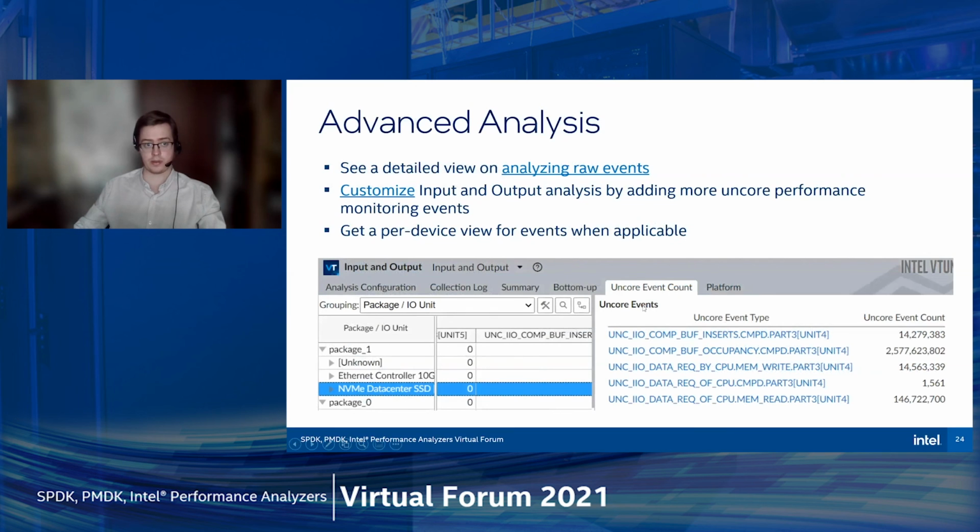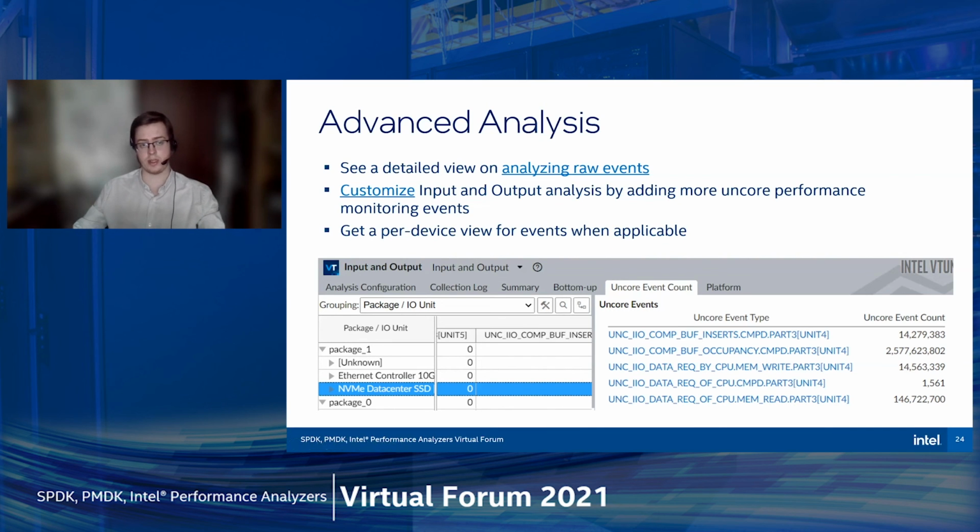And eventually, a couple of words about working with raw events. If you think that the information is not sufficient in your analysis, you can see the detailed explanation of what events might be helpful for some deep analysis of the platform activities. Just follow this link.